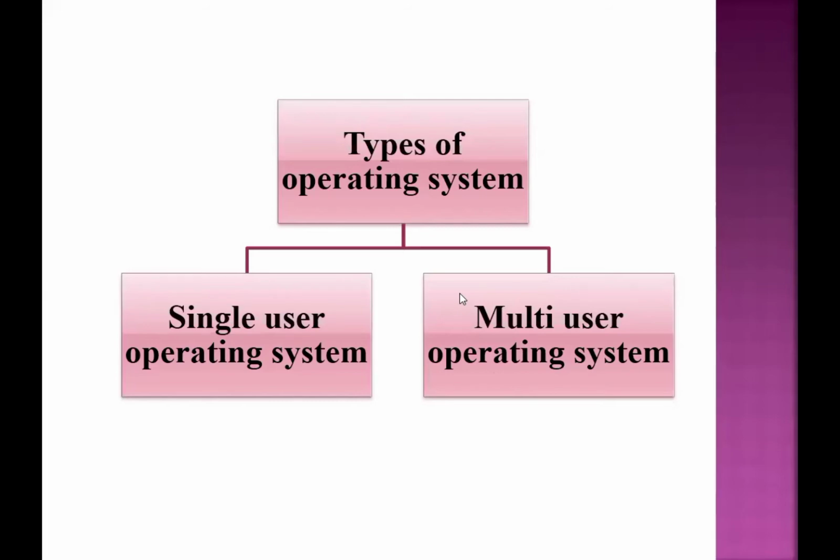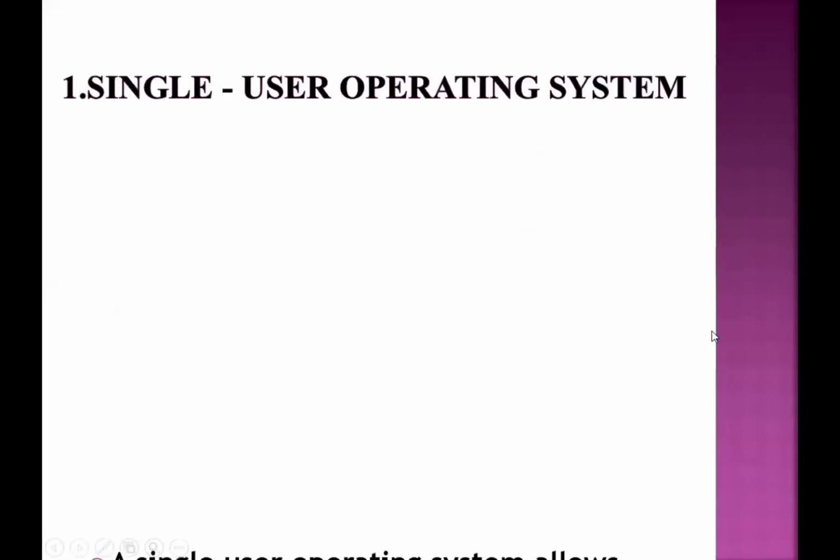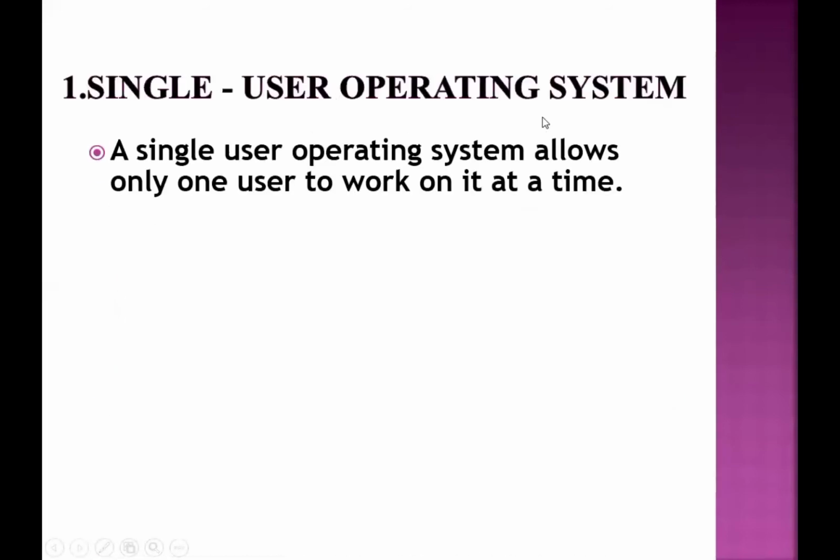I have also told you what a single user operating system is and what a multi-user operating system is. Now I'm telling you again. A single user operating system allows only one user to work on it at a time.